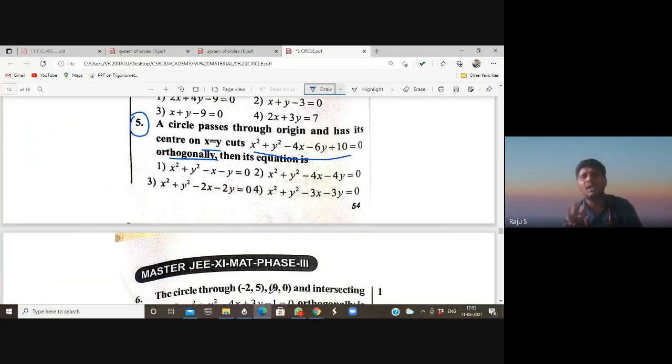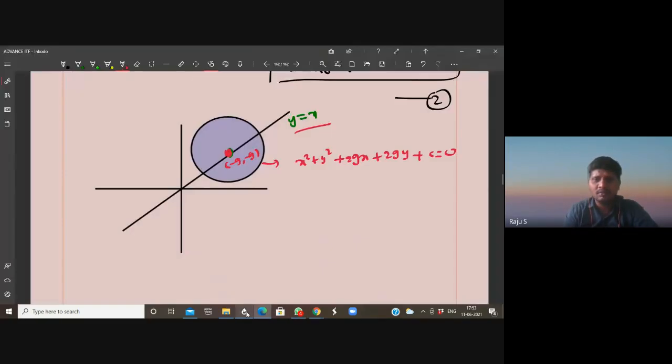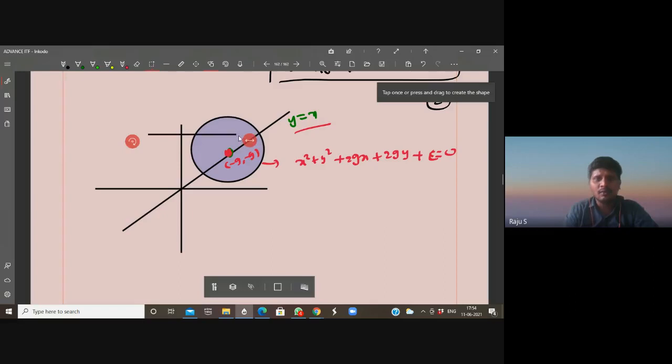So why don't you do it like this? And also remember, students, everyone, in the circle equation we should not get any c. And also remember, if they give one condition, whether you observe or not, what about the circle?